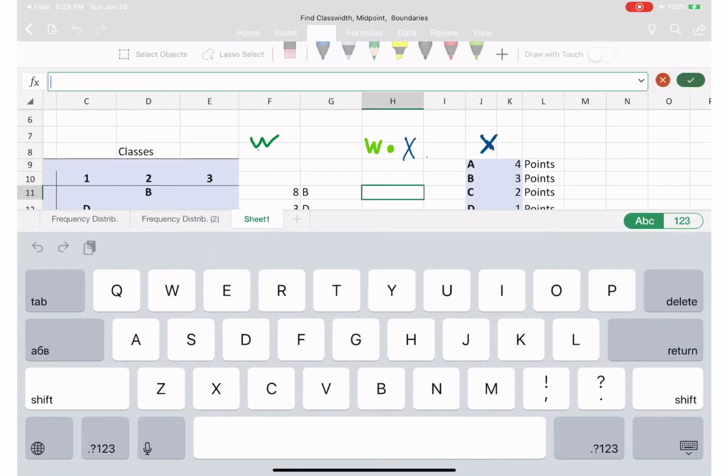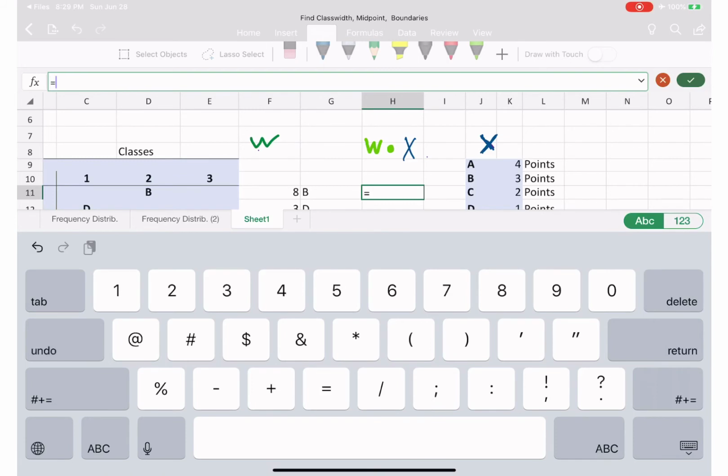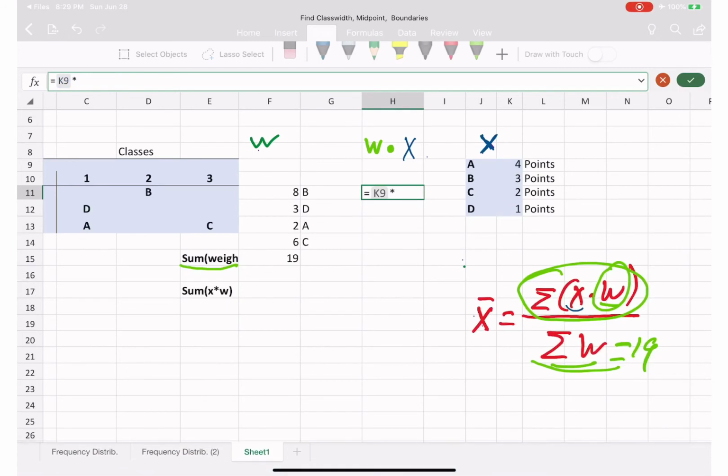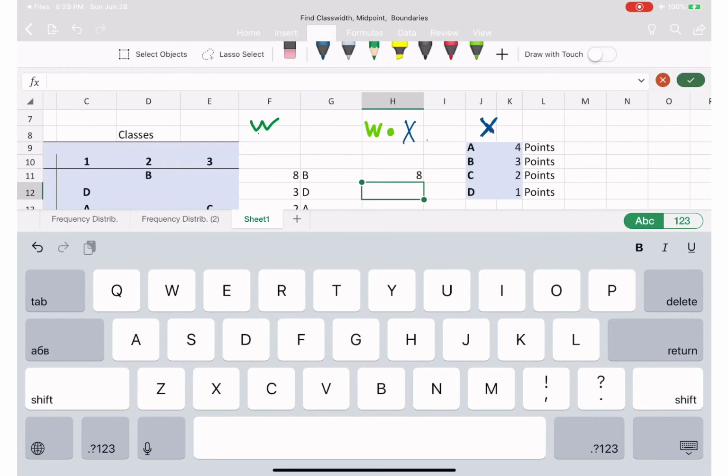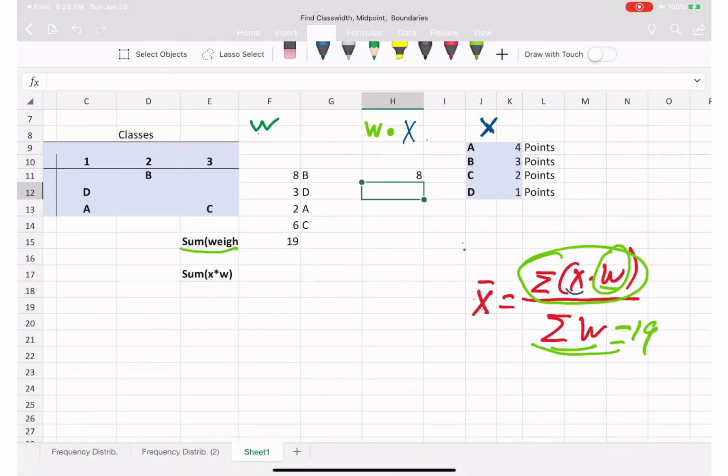We have equal sign. We multiply the points of A, multiply by, where is my point of A here? 4 times 2 is 8.